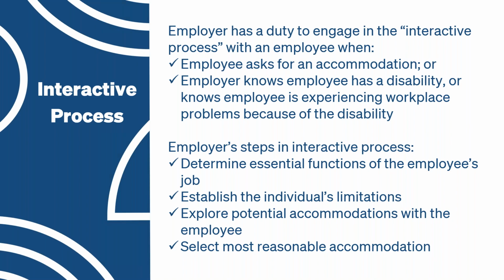The interactive process is triggered when the employee asks for accommodation. So when an employee comes to you and says, I need modifications to my workspace, I need to be able to bring my service dog to work, I need to take 2 weeks off for medical treatment. When an employee asks for something clearly.